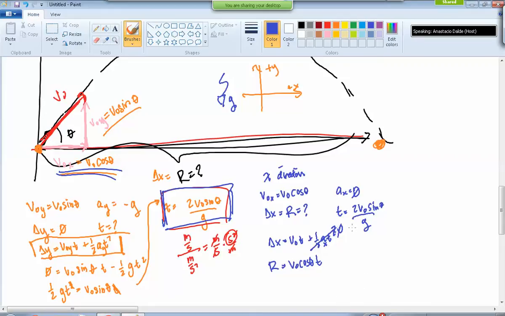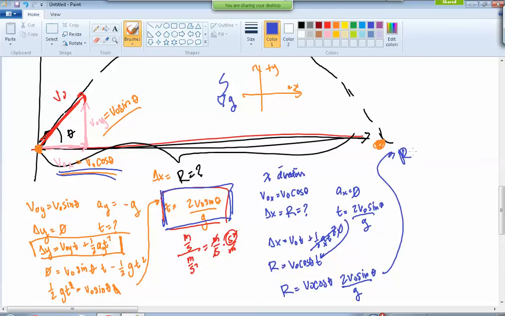Alright, and then all I do is I plug in for t, and therefore my range is equal to v naught cos theta times 2 v naught sine theta all over g. And this, my friends, is the range equation.